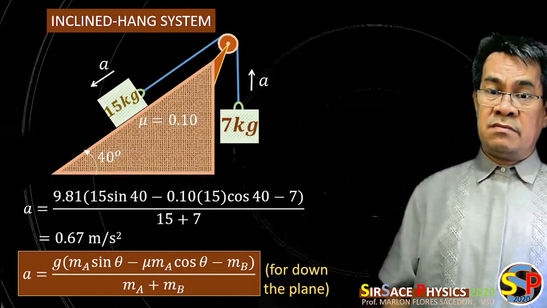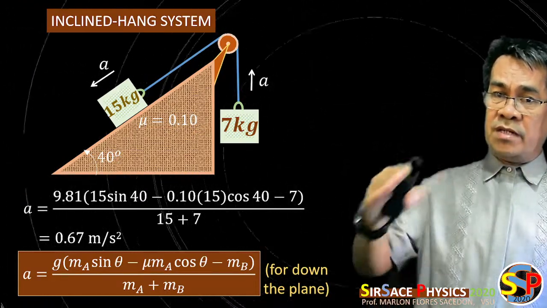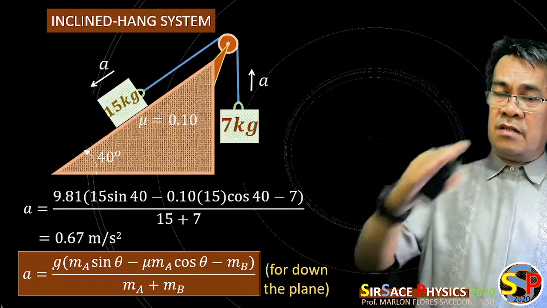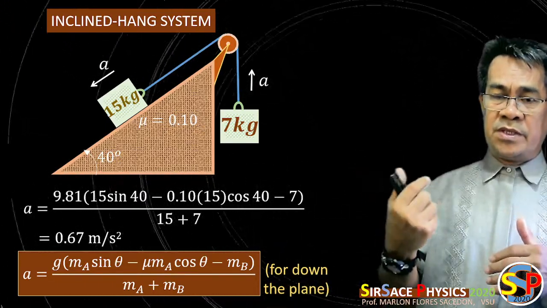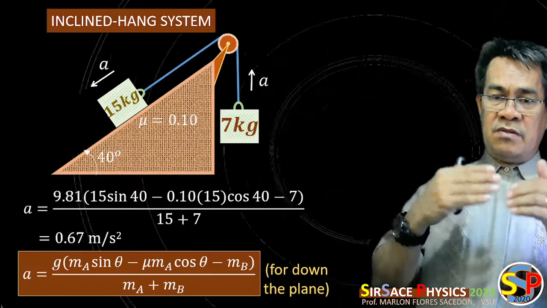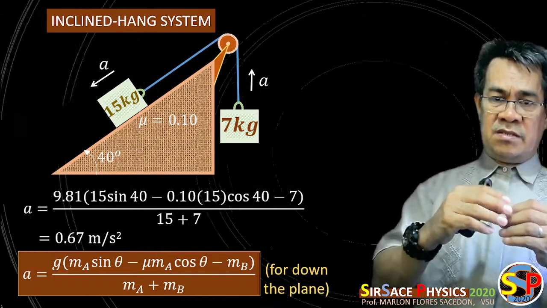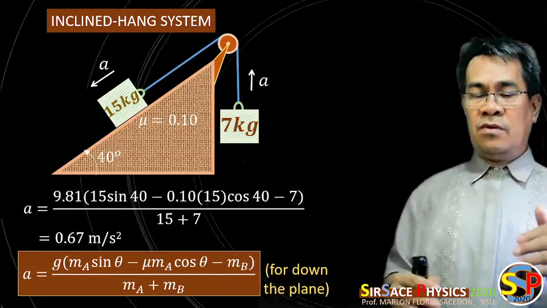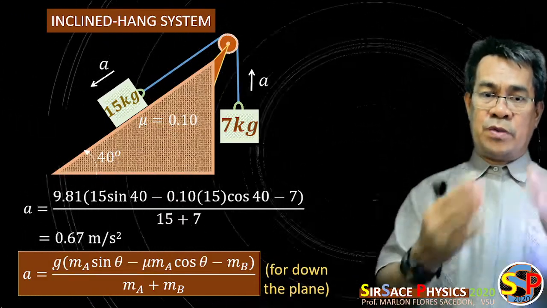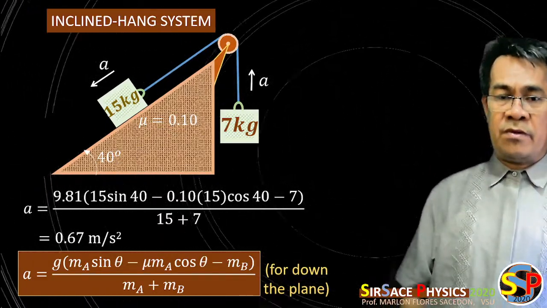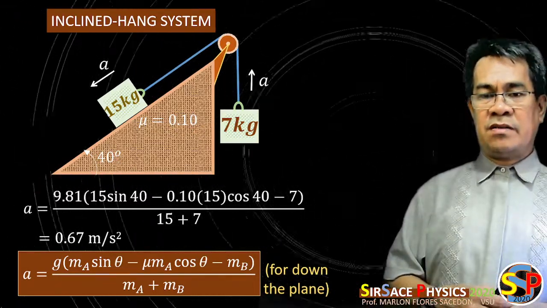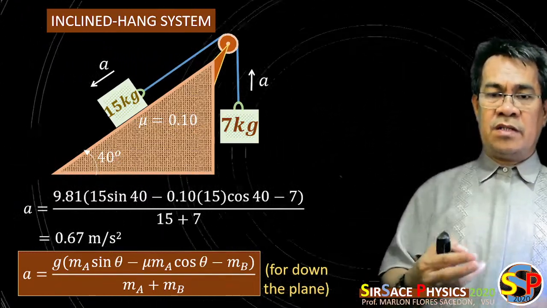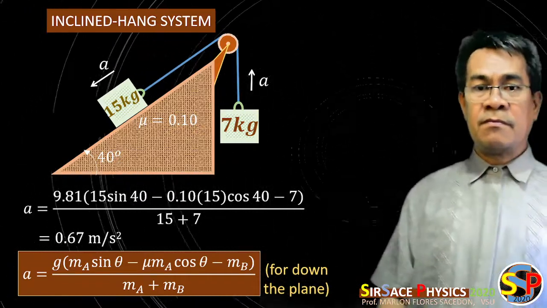Meaning, that is the acceleration of the particle while moving down the plane. If you compare it with the previous, it is now a smaller value, meaning it moves slower than in the first example, because the greater the acceleration, the greater the velocity obtained.